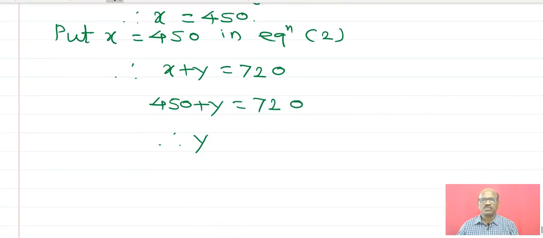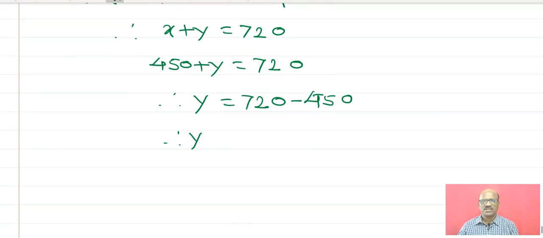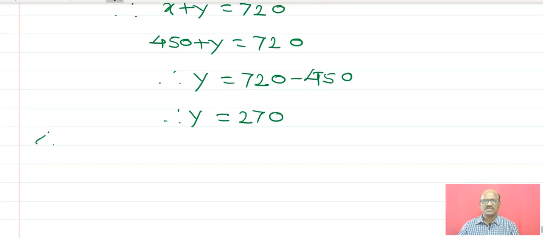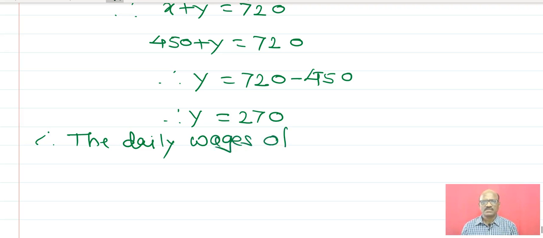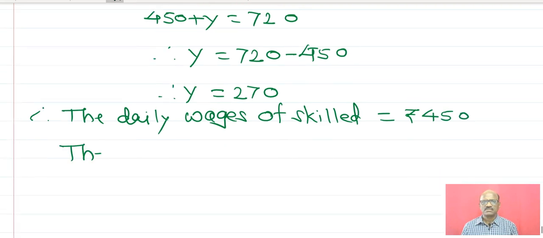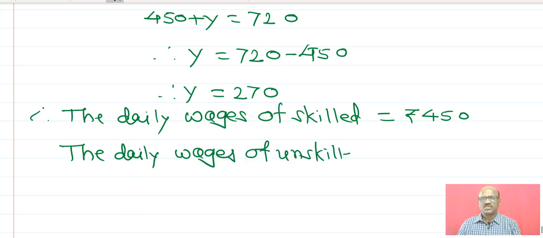Therefore 450 plus y is equal to 720, so y is equal to 720 minus 450. Now by subtraction, y is equal to 270. Therefore the daily wages of skilled is 450 and unskilled is 270 rupees.